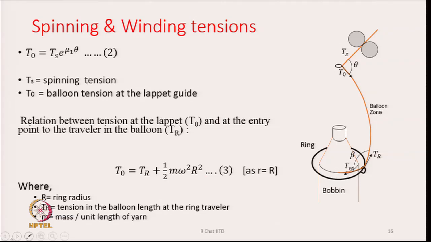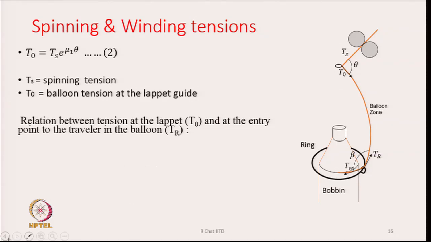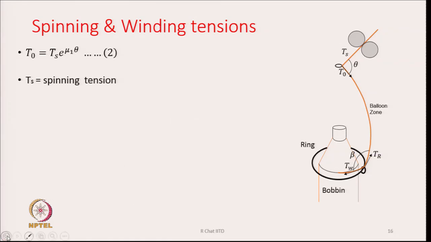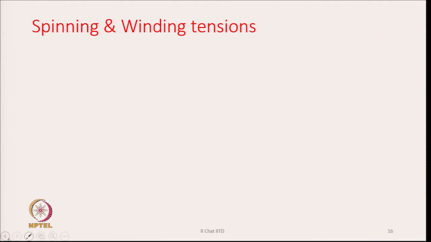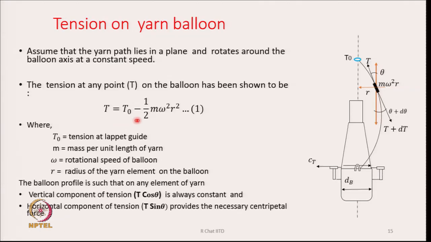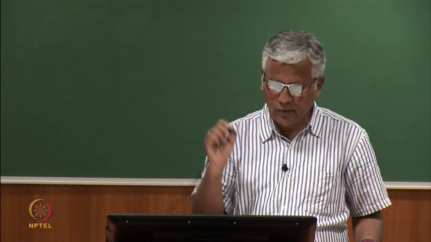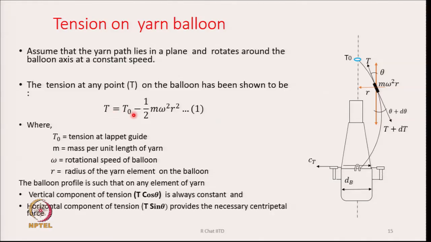If I go back to the previous slide, so that you remember, T is T0 minus half m omega square r square, where T is the tension at any point on the balloon. If I replace T by Tr, where the traveler exists at that point, then Tr is T0 minus this, and therefore T0 is Tr plus half m omega square r square.